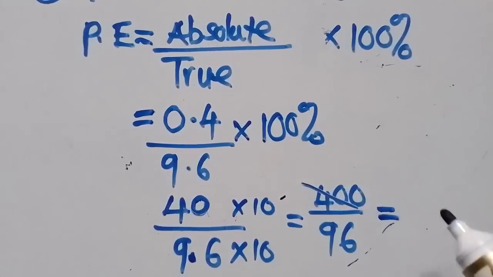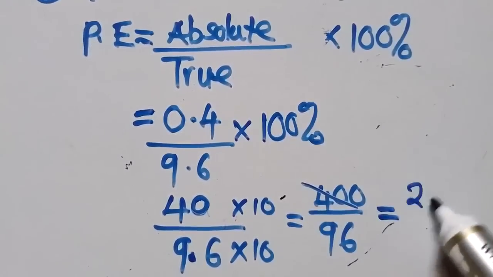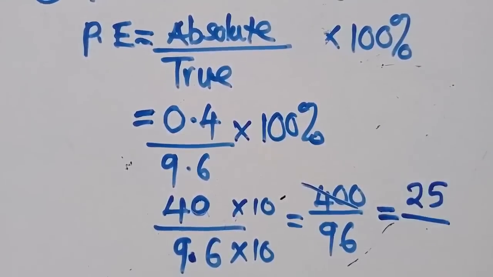So 16 there gives 25 over 6. Then you end there, just put a percentage.